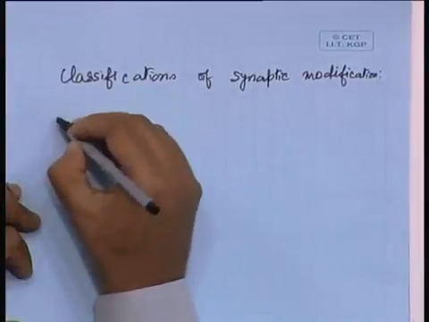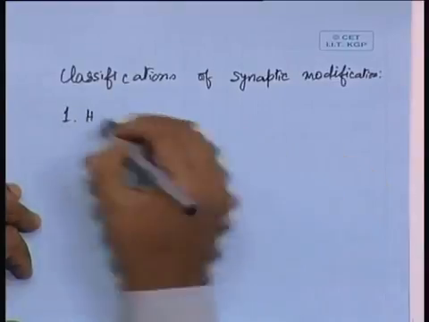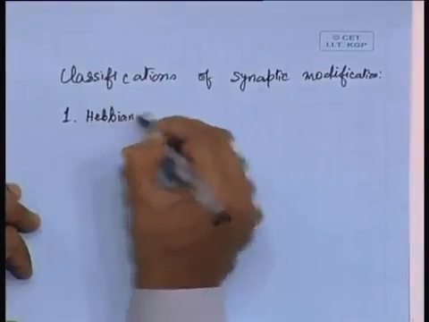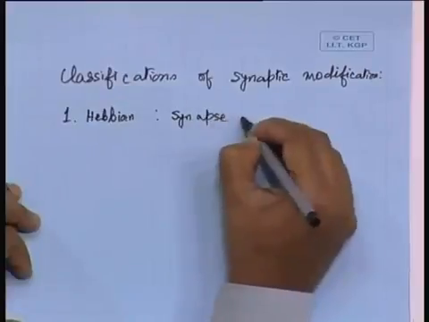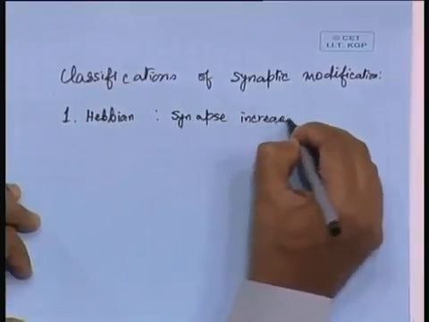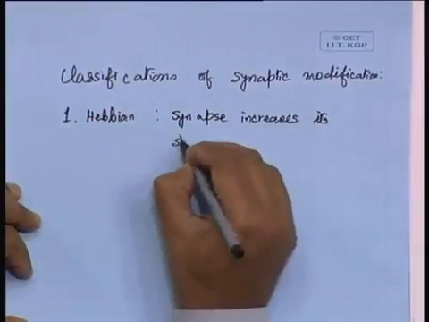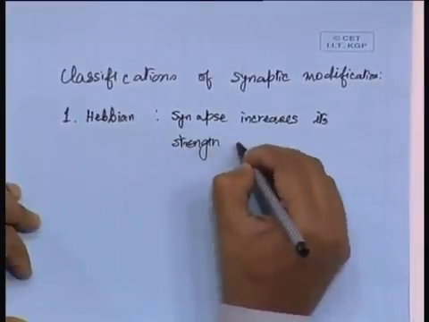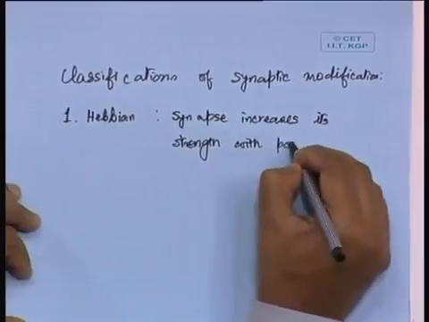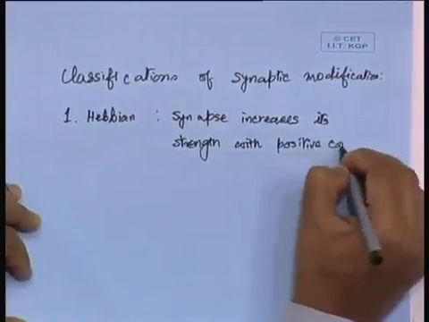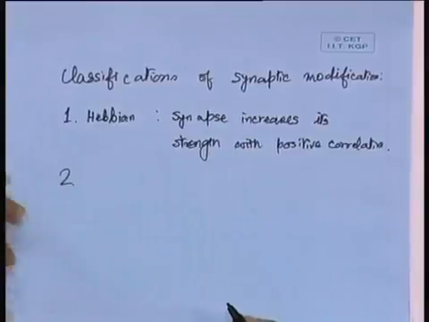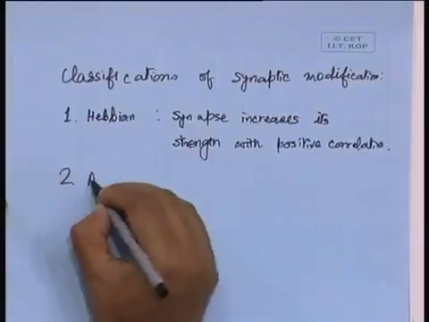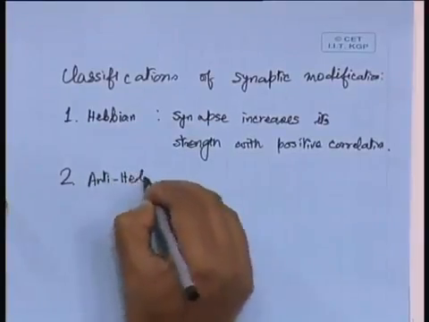One mechanism is the Hebbian synaptic modification, as we have already seen, where the synapse increases its strength with positive correlation. A second category of synaptic modification is called anti-Hebbian.